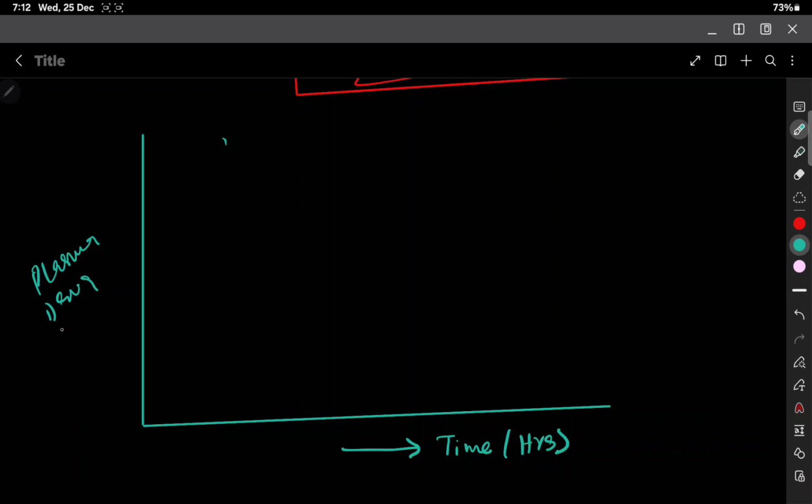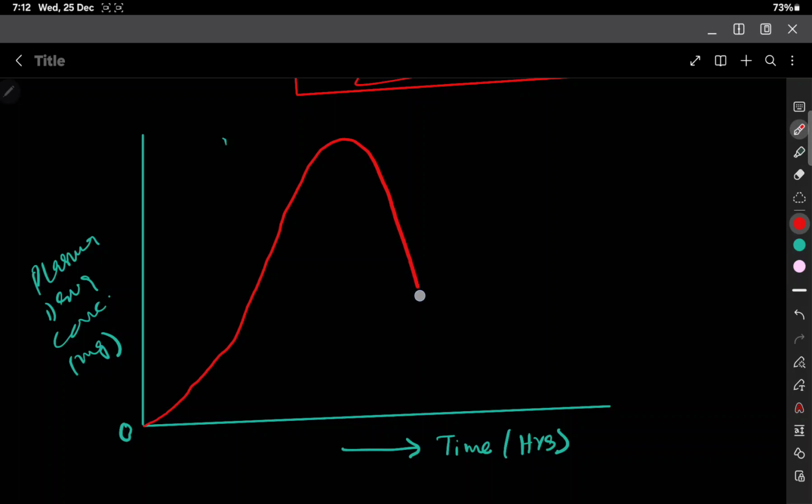Plasma drug concentration means the concentration of the drug in the plasma in milligrams. So at 0 we have taken the drug, and I am making one graph here. The drug will show effect like this, for example, and then a point will come when it will be eliminated, and it will be like this.